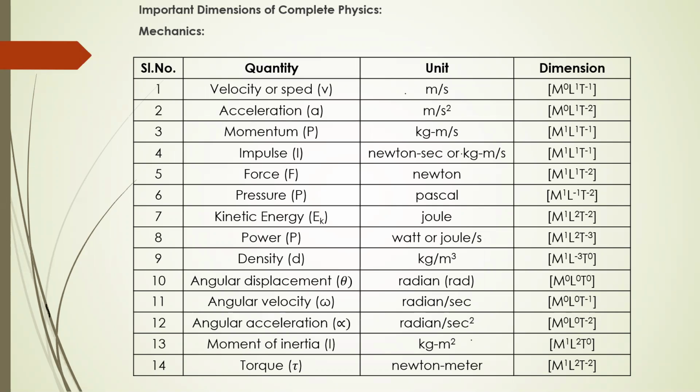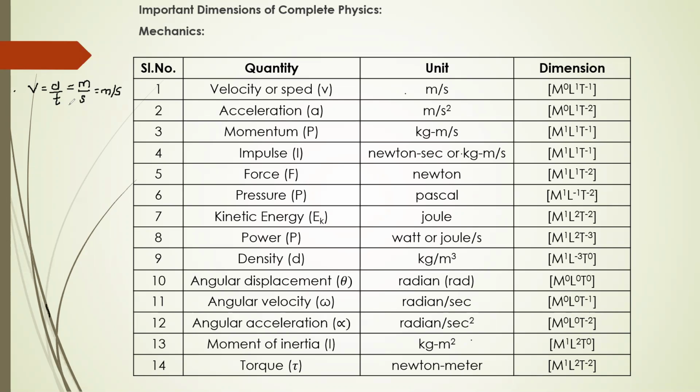Velocity or speed is nothing but distance or displacement divided by time. Distance is expressed in terms of meter and time in terms of second, therefore it is meter per second. Velocity and speed we take as the same.